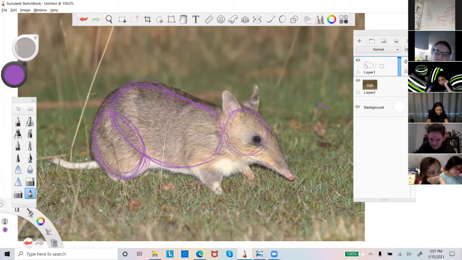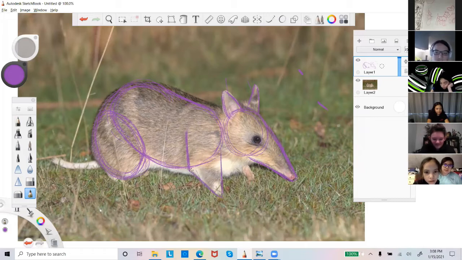For his muzzle, it's very triangle-y. It's kind of like an anteater. I'm just going to draw a triangle coming off of the head like that. And then same with the ears. Sometimes animals will have the same shape repeated, just in a slightly different way. So there's triangle, triangle, triangle. And then for these front legs, I'm going to draw a line here where I saw that shadow.